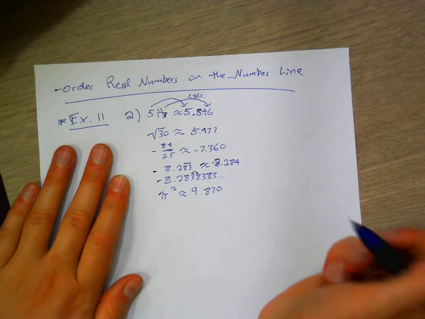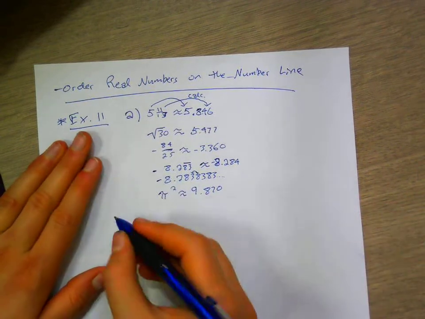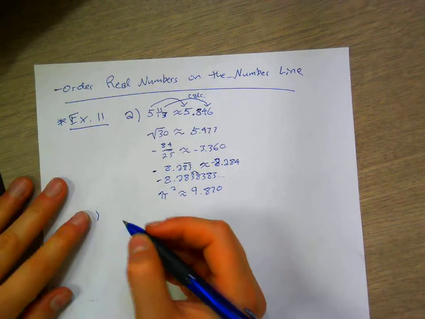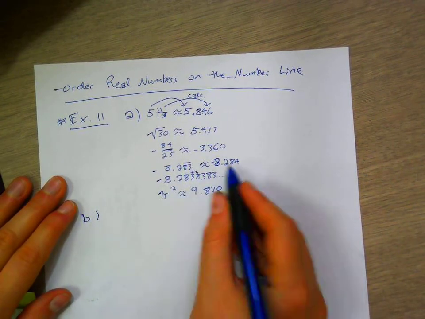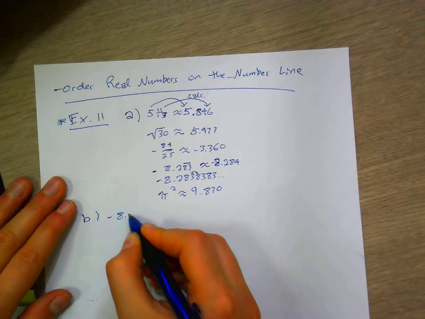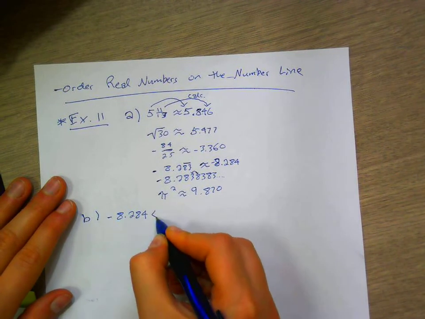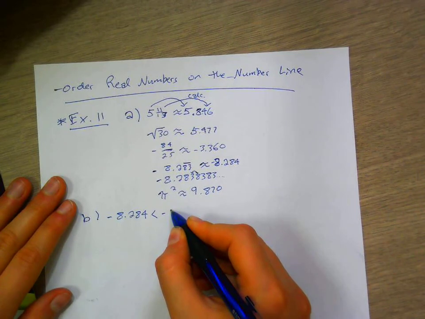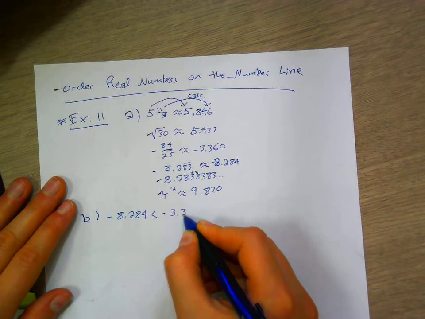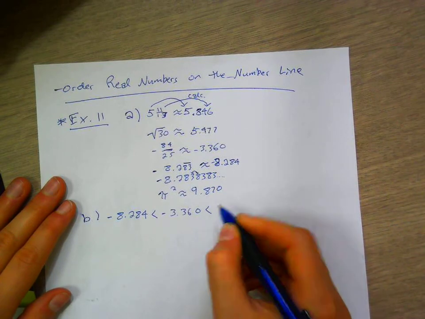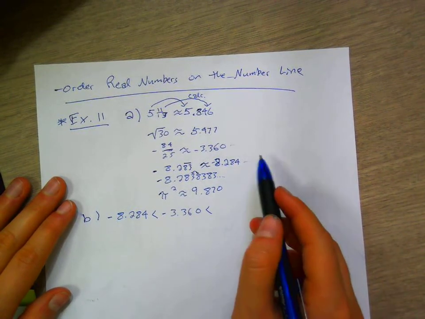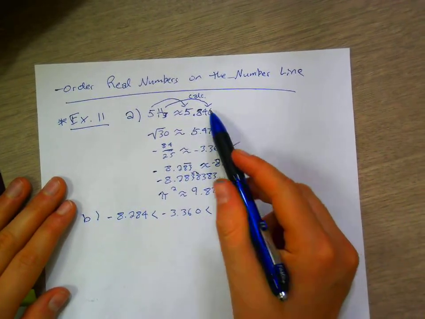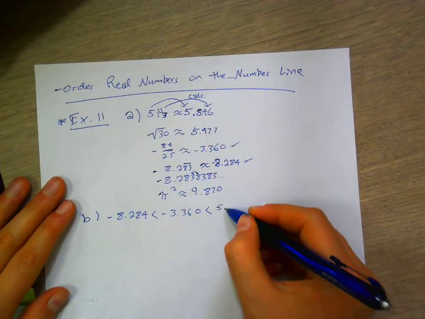That is that. Now B says order the real numbers from least to greatest. Smallest is going to be this big negative number here, negative 8.284. After that's going to be the next negative number, negative 3.360. Next one is going to be this 5.477.